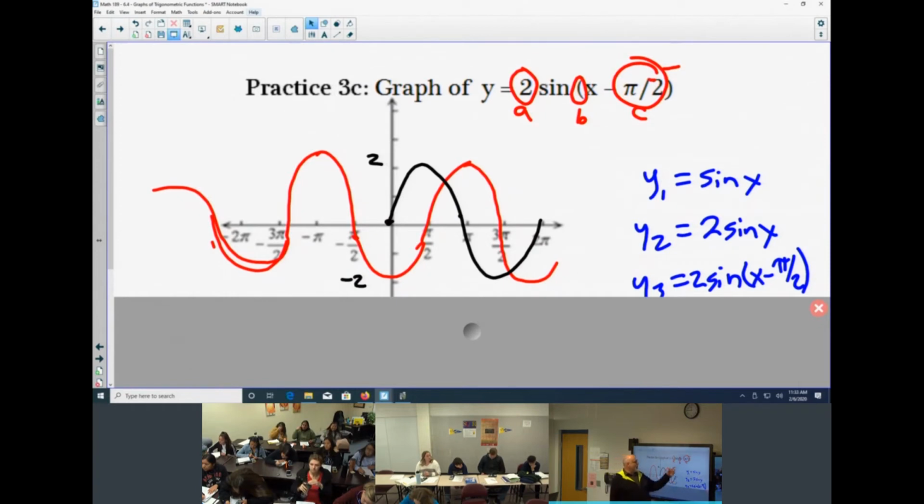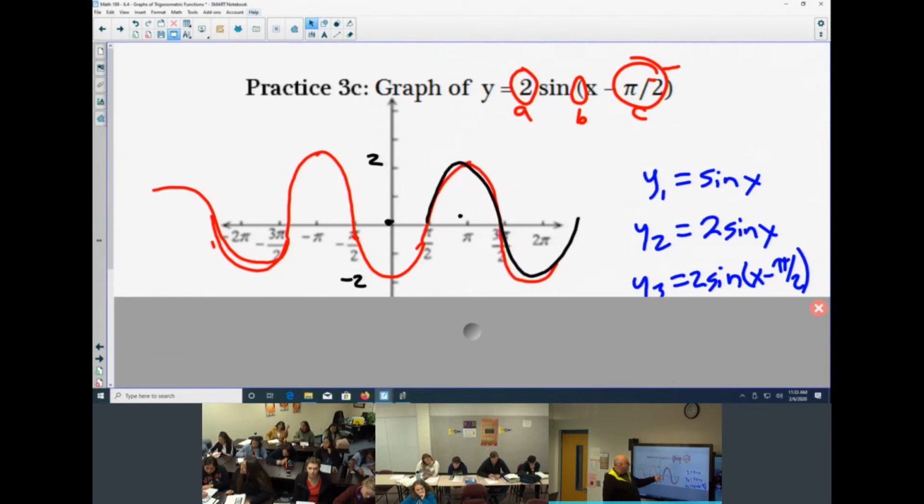But this one has a phase shift of pi halves over 1, or just pi halves, and it's going to be to the right pi halves. So we take our graph and move it over pi halves, and I just had it start here at pi halves.